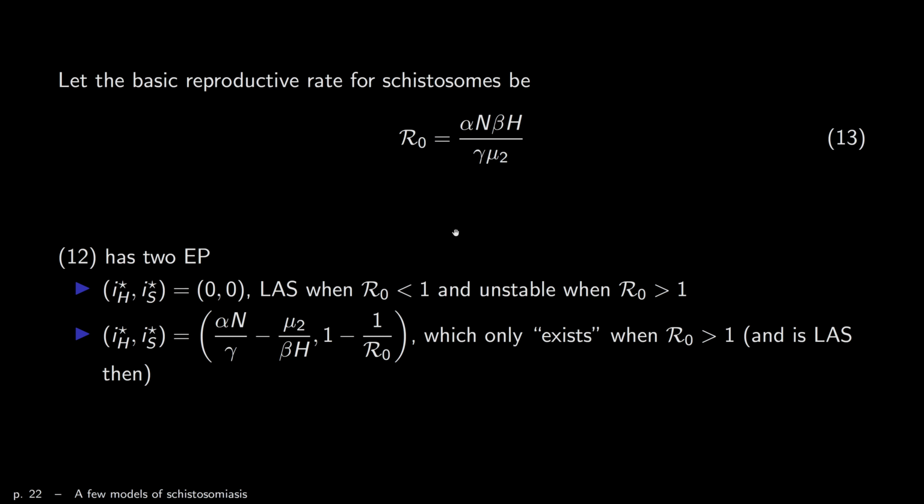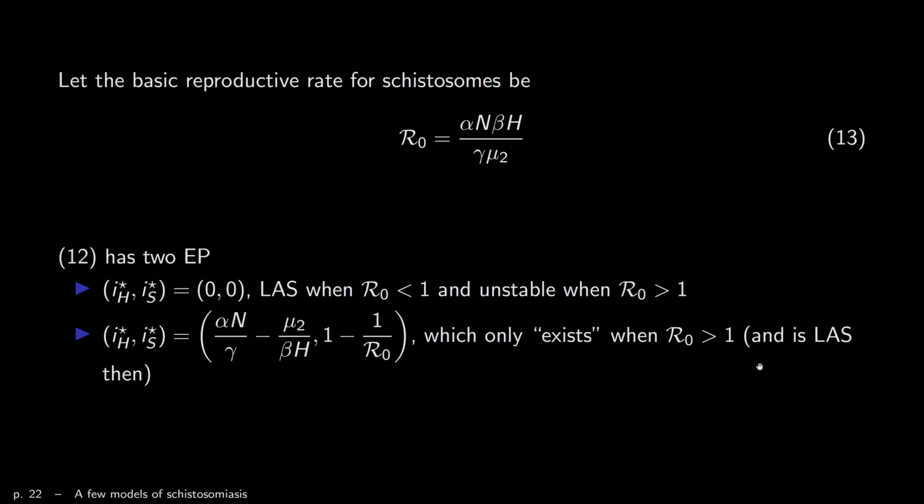And then there's another equilibrium, which can be computed in terms of 1 over R0, so 1 minus 1 over R0. And of course, you can see that if R0 is less than 1, this quantity is negative. Okay, so that means this equilibrium exists in a biologically relevant sense only when R0 is greater than 1, and when that is the case, it is locally stable.